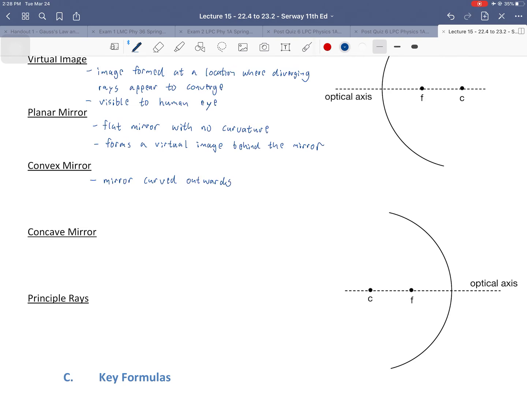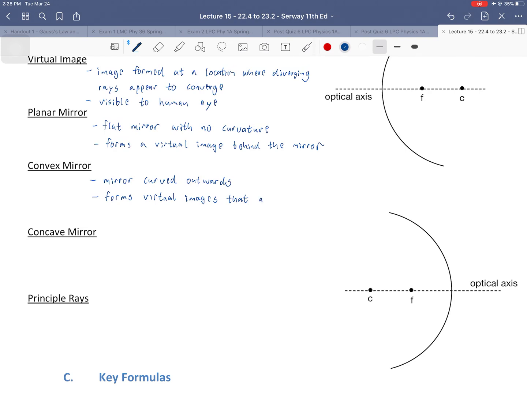And this type of mirror also can only form virtual images.